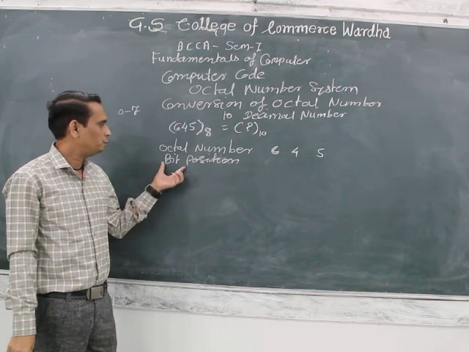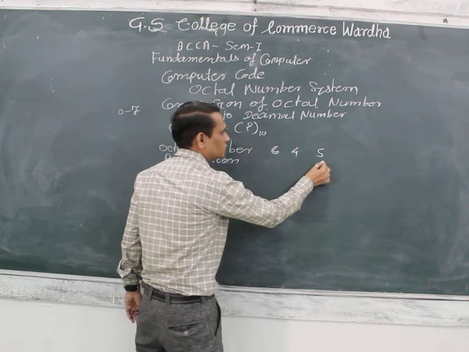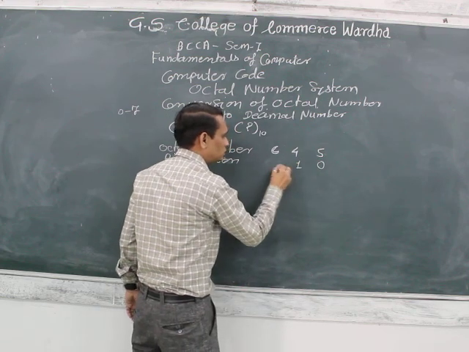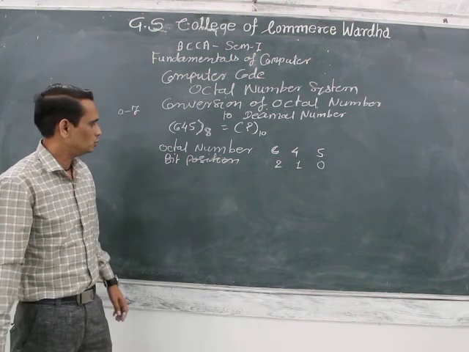The bit positions of these digits, from right to left, are 0, 1, 2.